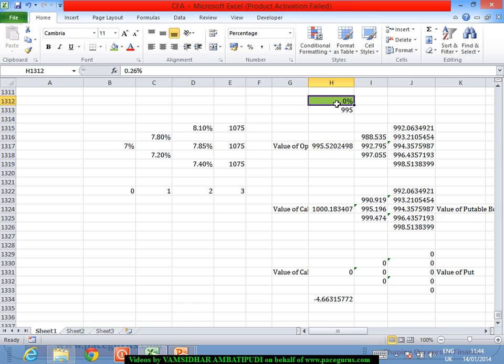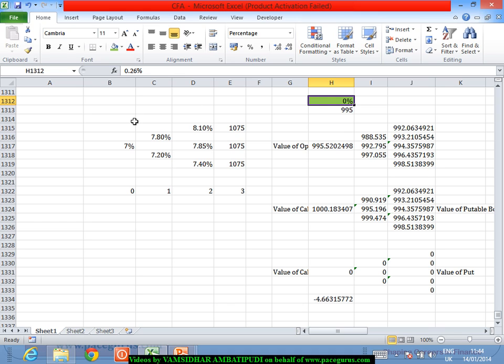So I can very well say the option adjusted spread in this case is somewhere around 0.26%, because I am making an adjustment at each node of the projected interest rate tree model and trying to equate the binomial tree price to the market price of that particular security.